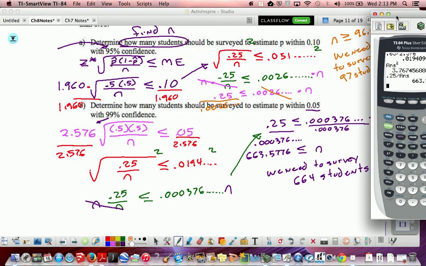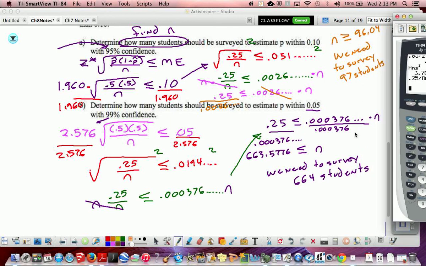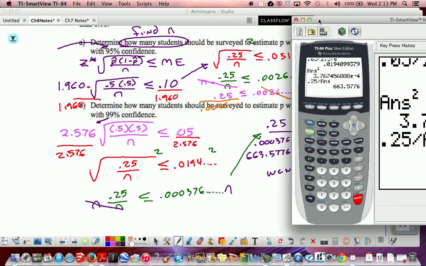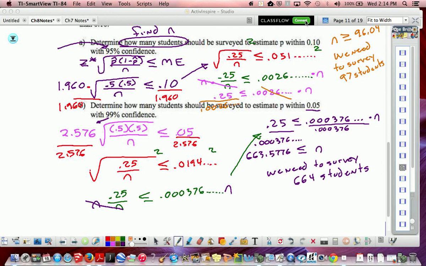So now I have n over here on the right side, so I need to divide by this decimal that's in my calculator. So I'm going 0.25 divided by my answer, and I'm getting 663.5776. So I round up because it's got to be greater than that. So that's why we're interviewing 664 people.